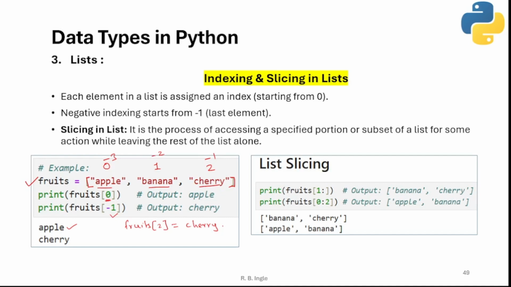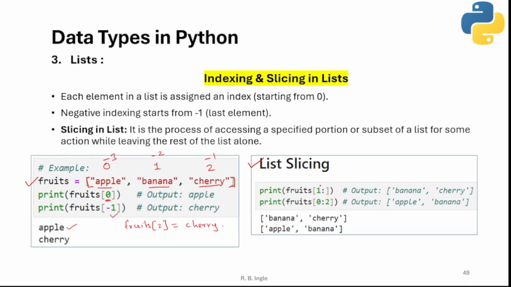We'll see one more thing about the list, that is list slicing. List slicing is a way by which you can take multiple elements, or some part of the list, from a data type which is ordered. So here I am writing fruits 1 colon, with the end blank, then square bracket.